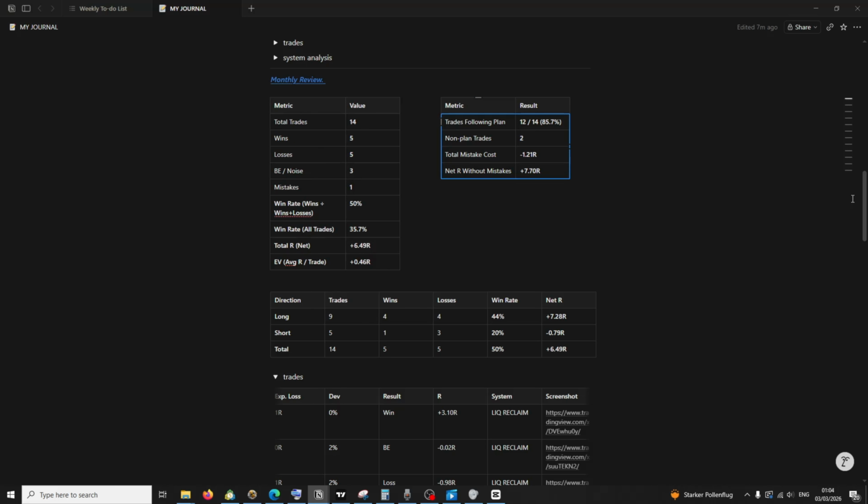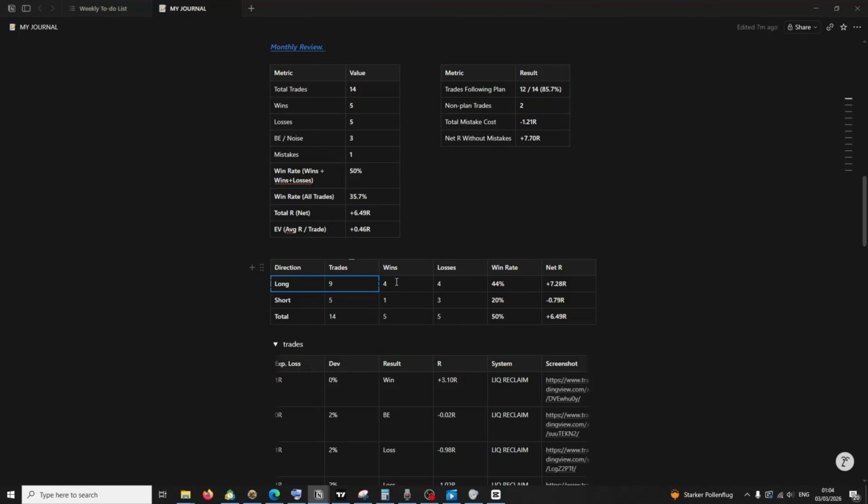So I want to see next month that I have no mistakes and I have followed 100% or at least 90% of my trading plan. Now directional metrics: we have 9 long trades. Four of those were winners and 4 of those were losers, and one was most likely a break-even.